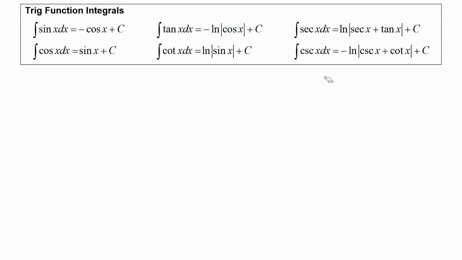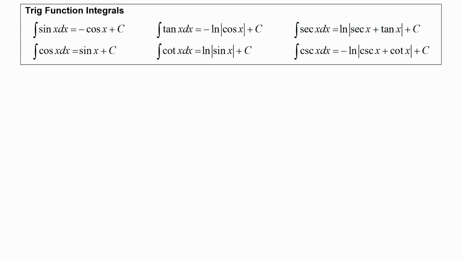Now for the integrals of secant x and cosecant x, I kind of use their derivatives to help me. Because I know the derivative of secant x is secant x times tangent x, that helps me remember that the integral is going to involve the natural log of secant x plus tangent of x.